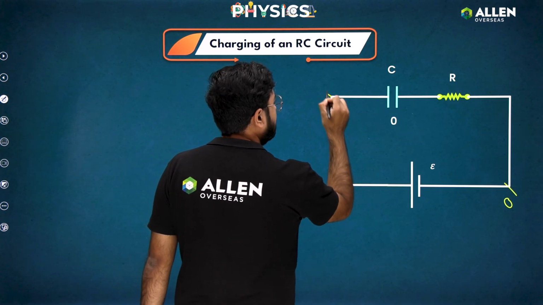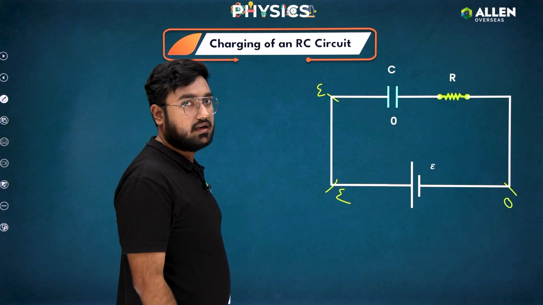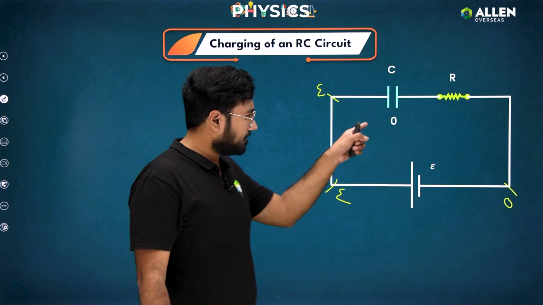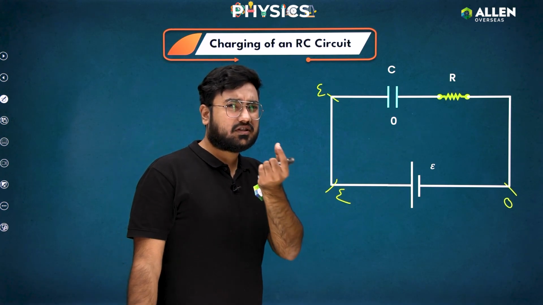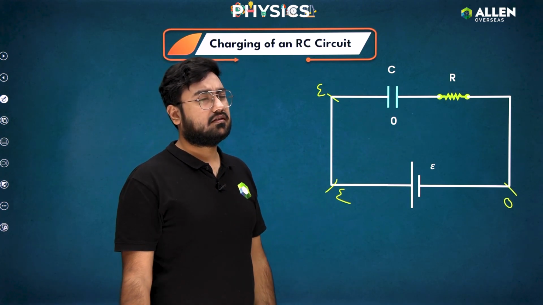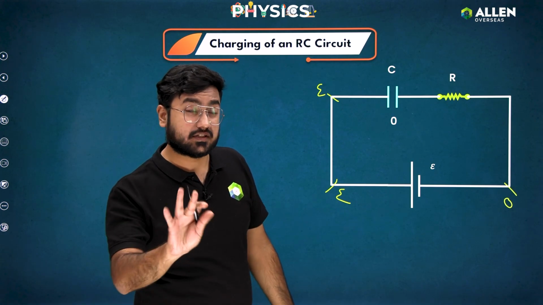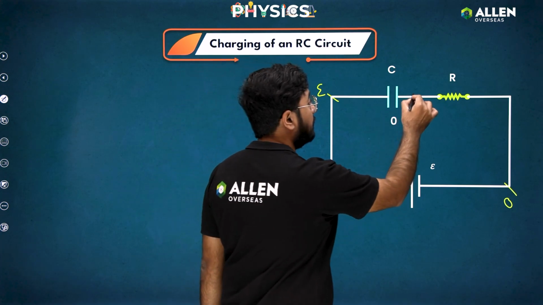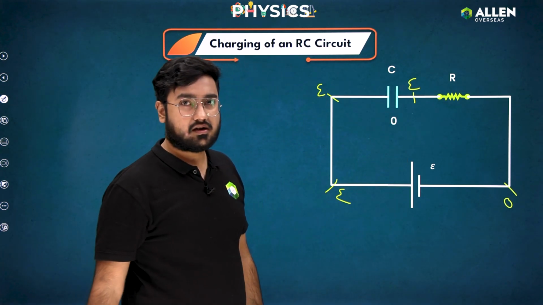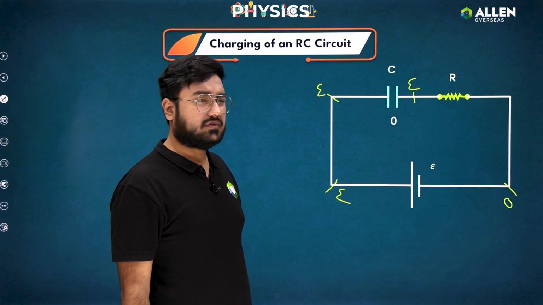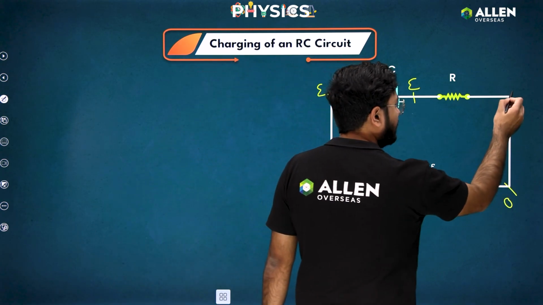If this is E, this is E. If the charge on the capacitor is 0, what will be the potential drop across the capacitor? That is 0. Potential difference is 0, right? So the potential of this point is E. Any problem? If this is 0, this is 0.